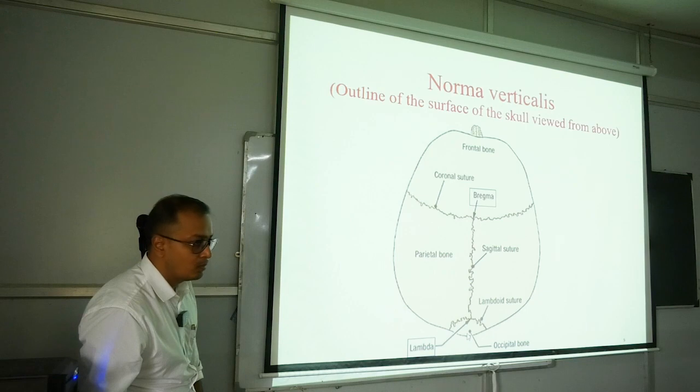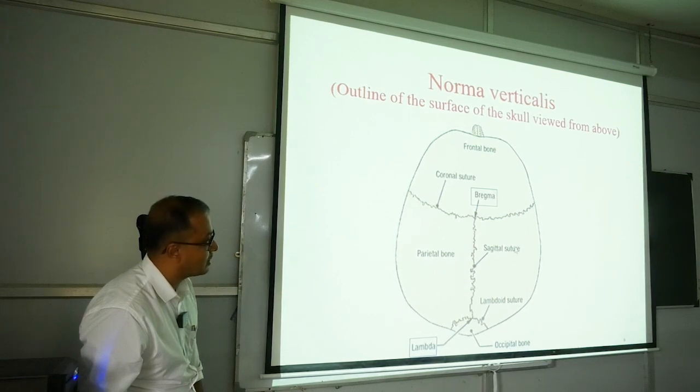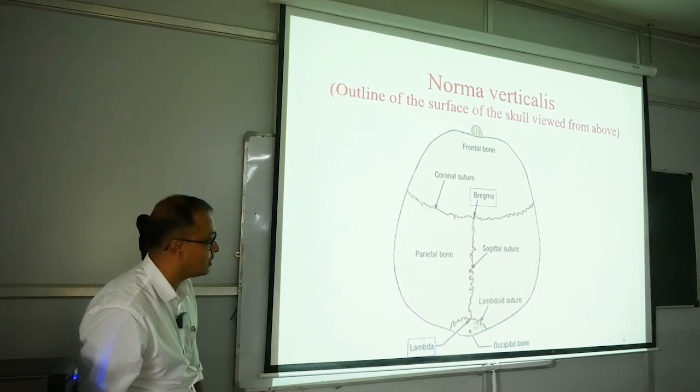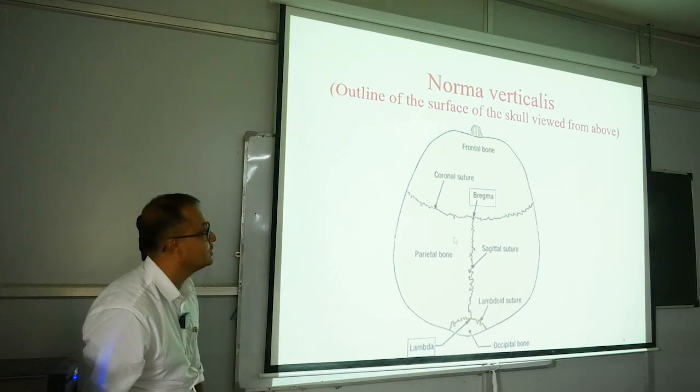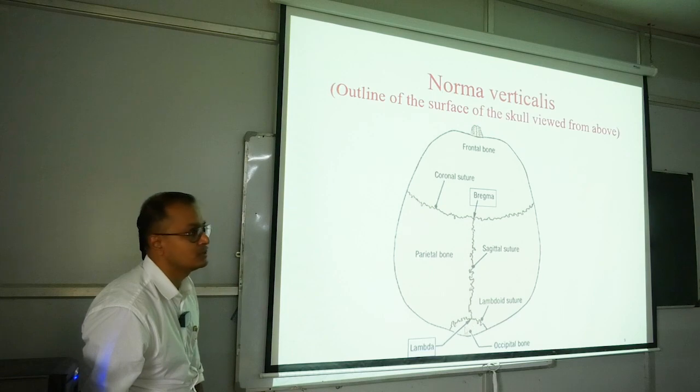This is the occipital bone uniting with the parietal bones, right side and left side. That union is the lambdoid suture. This U-shaped suture we call the lambdoid suture, and the U-shaped suture in the front we call the coronal suture. In between these two, they are joined by another suture we call the sagittal suture.